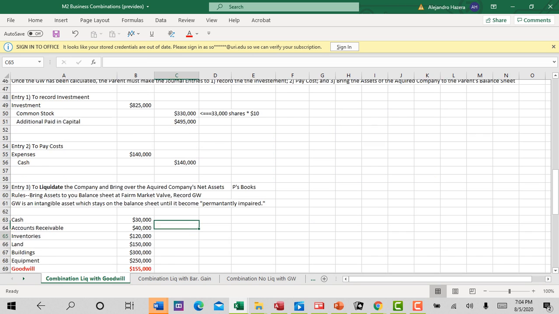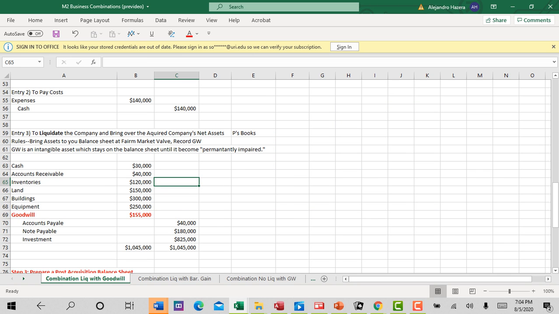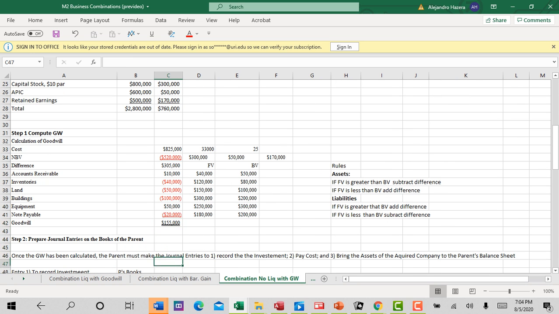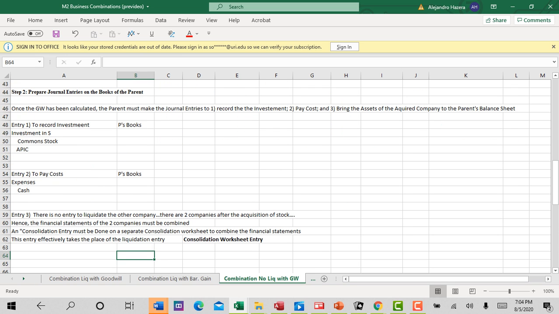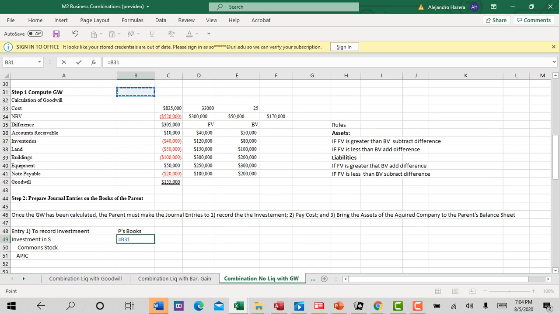Now, the other case that we had was the combination with liquidation and goodwill. The purchase price is exactly the same in this case. So on P's books, these are entries both on P's books, we're going to debit the investment account. You always debit the investment account for the cost of the asset.